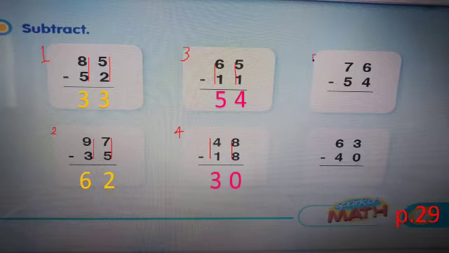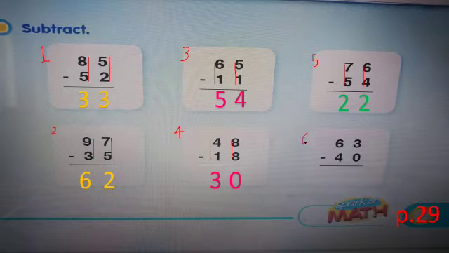Let's do number 5. We subtract the ones first, then we subtract the tens. 6 minus 4, excellent, 2. 7 minus 5, 2, great. So the answer is 22.